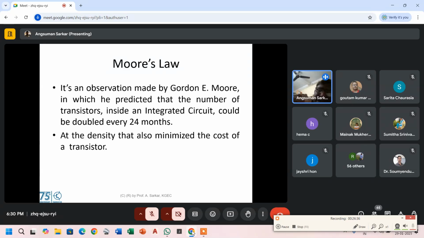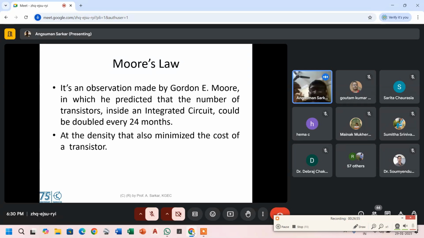Initially, that kind of prediction was actually fulfilled. Even up to 2000 or 2010, the observation made by Gordon Moore was satisfied and fulfilled. After every 24 months, the number of transistors doubled.